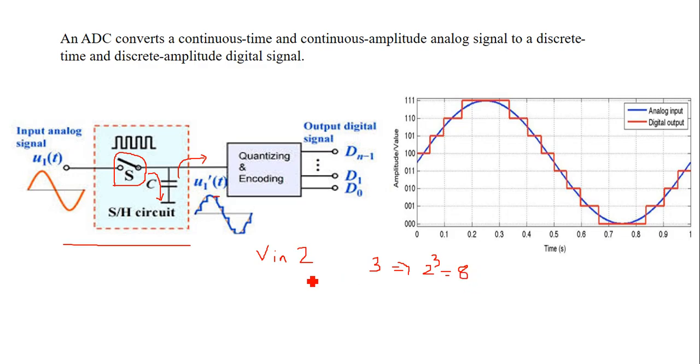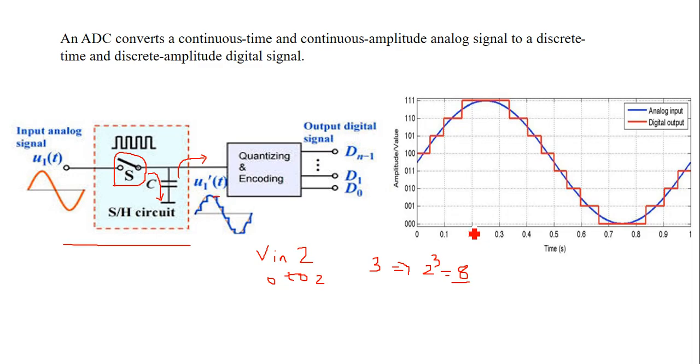So this 2 volt, 0 to 2, will break into 8 levels. So the resolution is 3 bits, the number of levels is 8, so your signal will be divided into 8 levels.